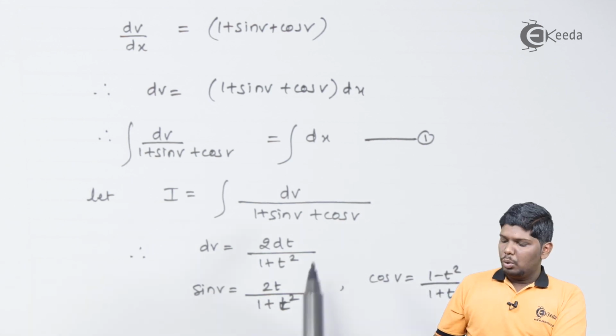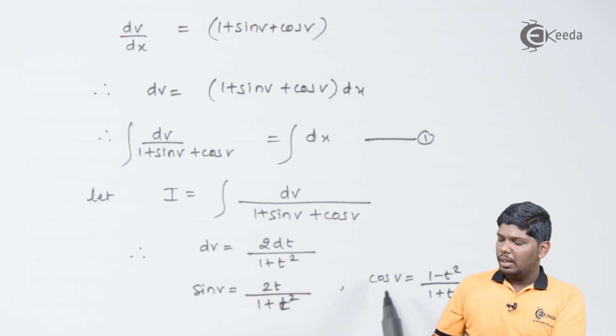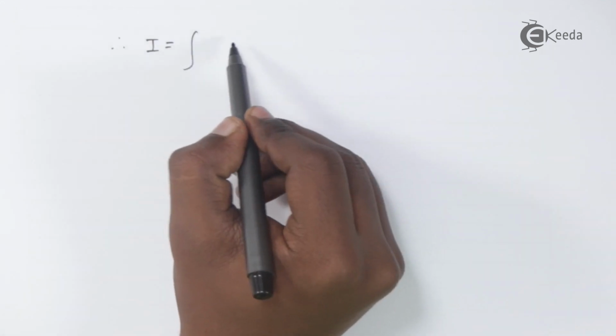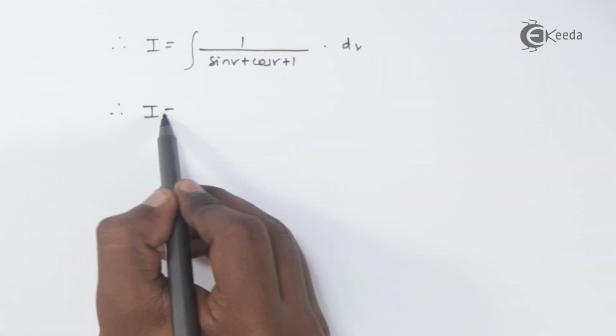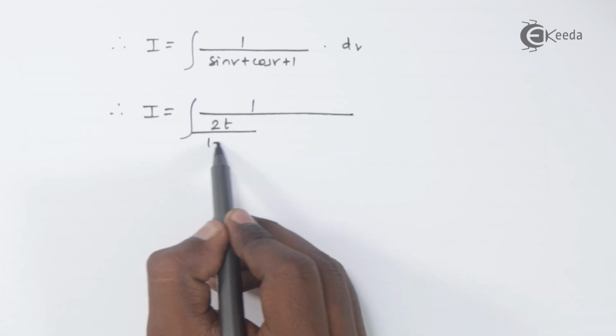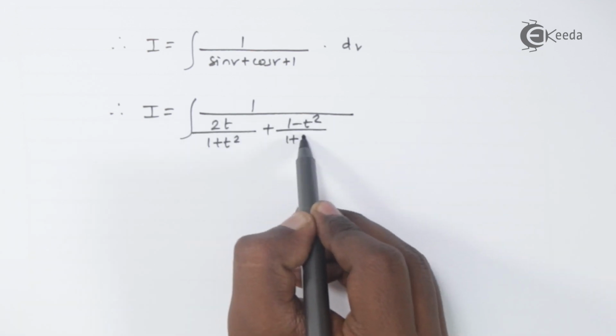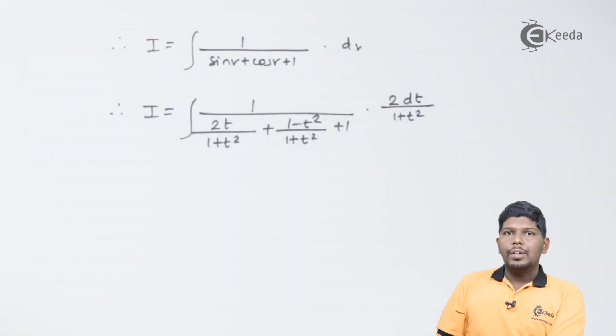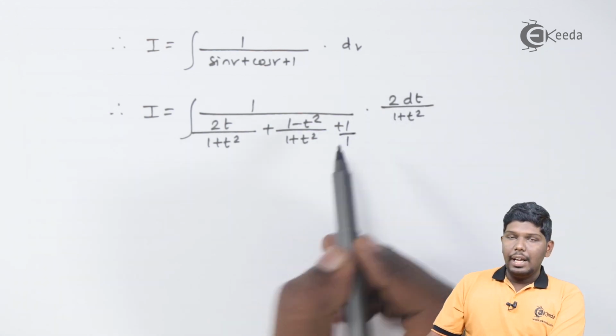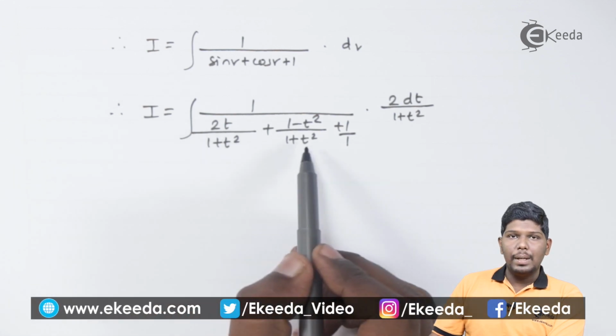We have dv equal to 2 dt upon 1 plus t square, sin v equal to 2t upon 1 plus t square, and cos v equal to 1 minus t square upon 1 plus t square. So let us substitute these three substitutions in the given integral I. After the substitution, we can take the denominator as an LCM of 1 plus t square.